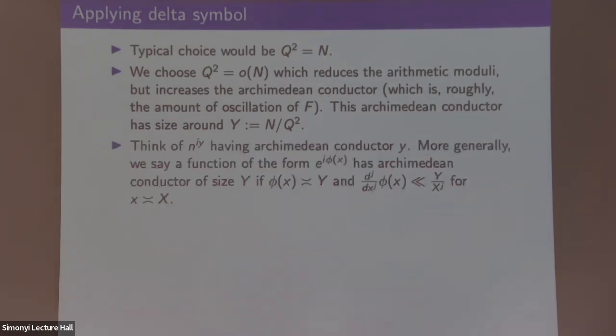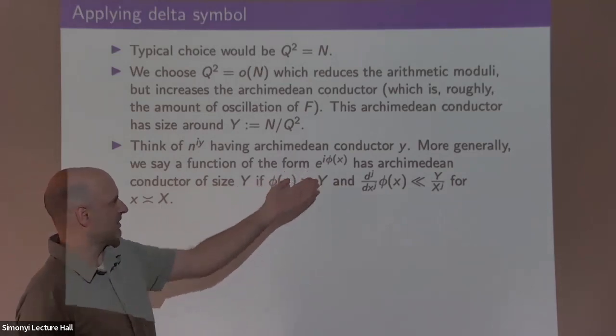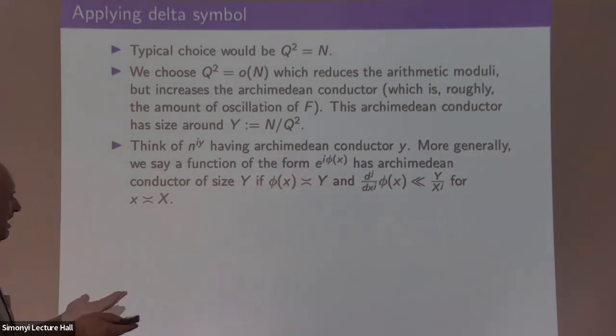We should think of n to the iy, a harmonic like that, as having Archimedean conductor y. More generally, if a phase phi is of size y and has nice derivatives, it should have Archimedean conductor y.